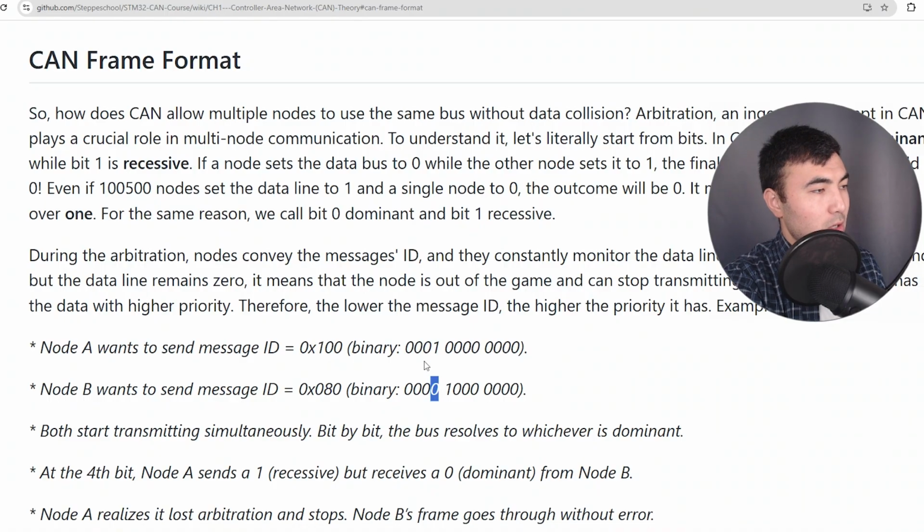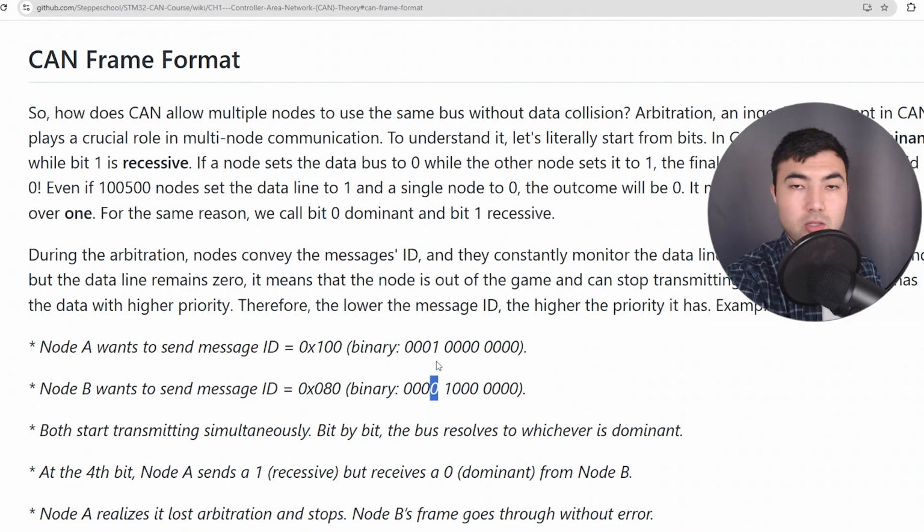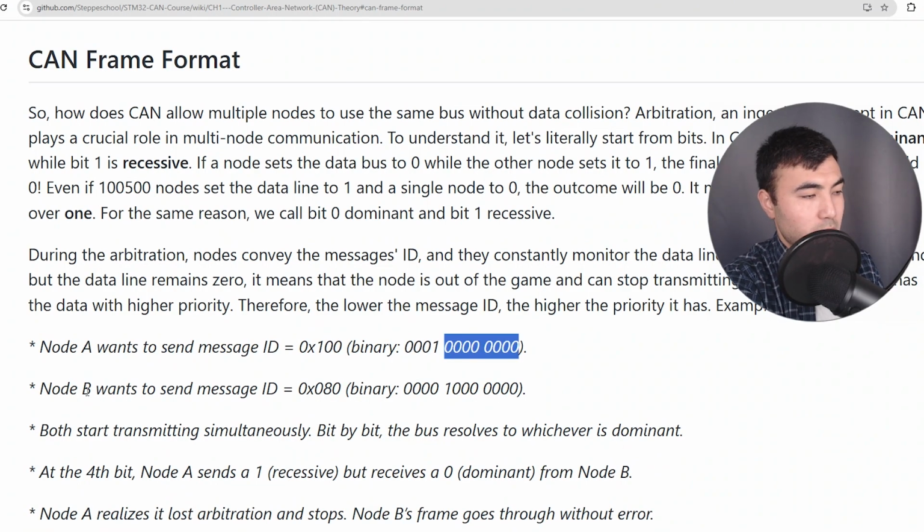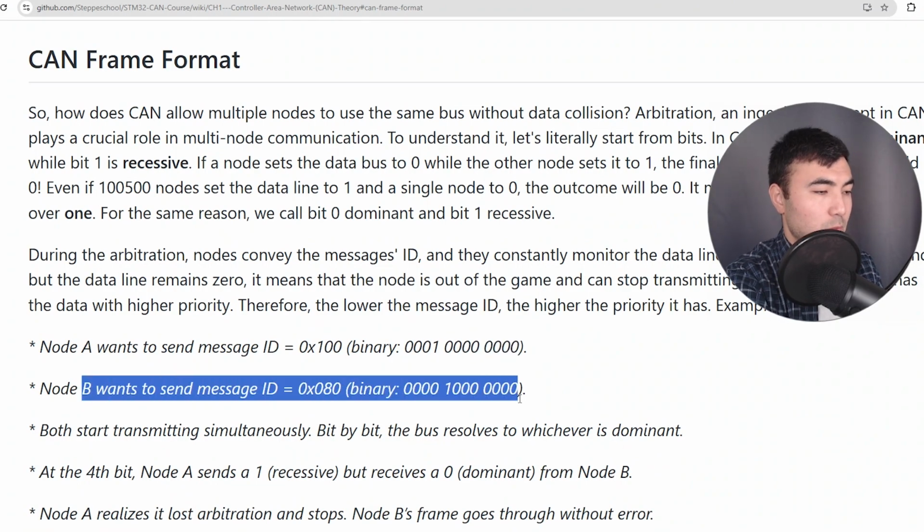Node A, which is constantly monitoring the data line, will receive 0, and it will understand that there is another node sending data with higher priority, so it has to stop. So node A will stop transmitting the message ID, and node B will keep streaming the message ID followed by the real data.